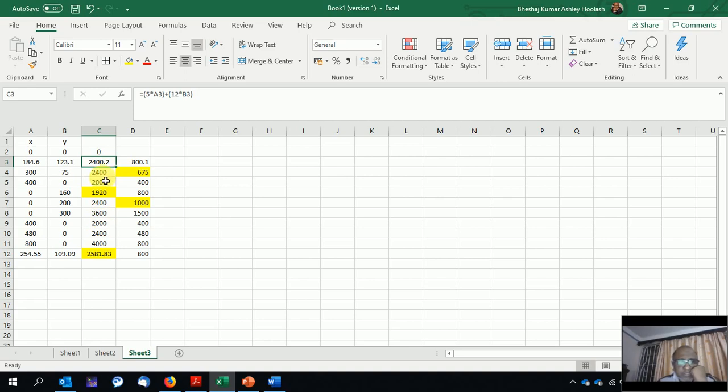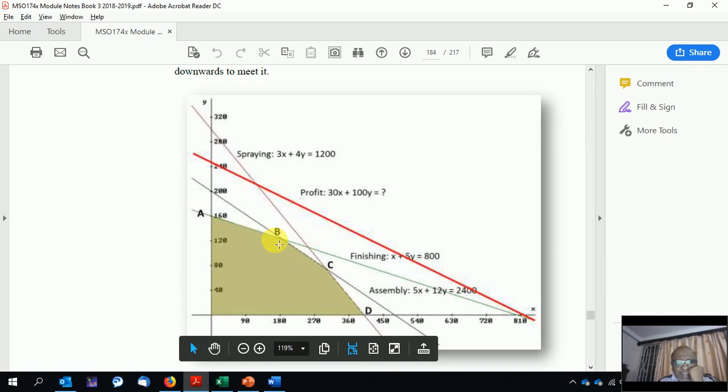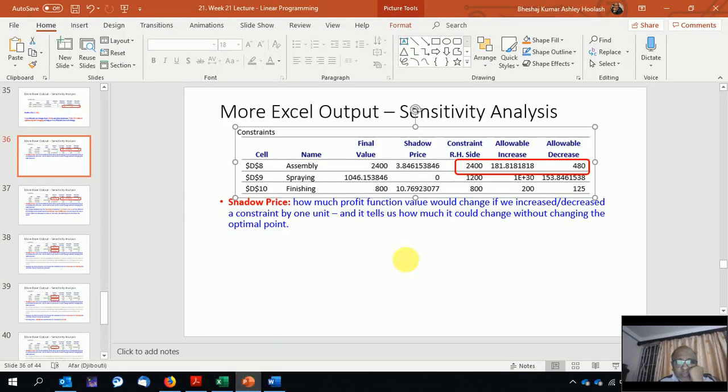So basically, it's just analyzing the graph here to come up with the answer. Like I said, it's slightly tedious to explain. It's not part of the syllabus. All you have to do is understand the meaning of these two numbers and how they affect the initial 2400, and these two numbers, how they affect the initial 800.